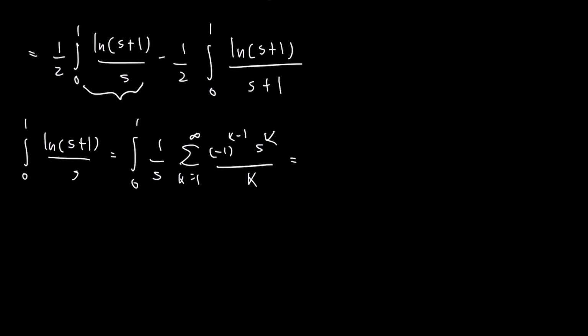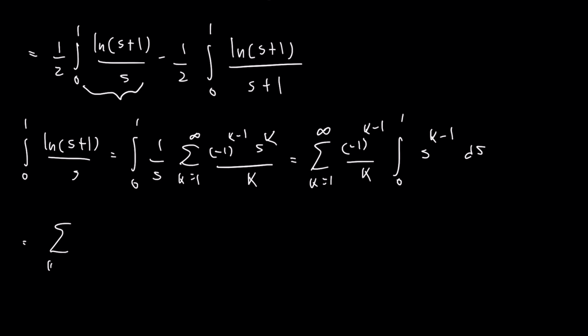And exchanging the sum and integral, we have the sum from 1 to infinity of negative 1 to the k minus 1 over k, and then the integral from 0 to 1 of s to the k minus 1 ds, which, if you do that integral, we have the sum from 1 to infinity of negative 1 to the k minus 1 over k squared. This is the eta function at 2, which we know will be pi squared over 12.